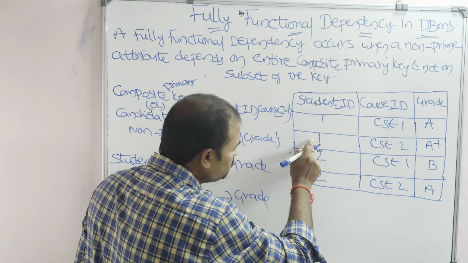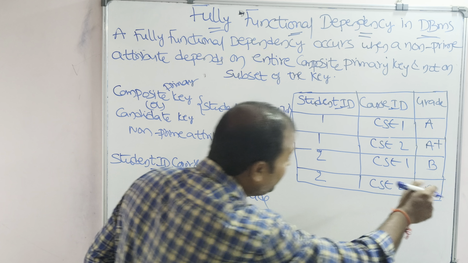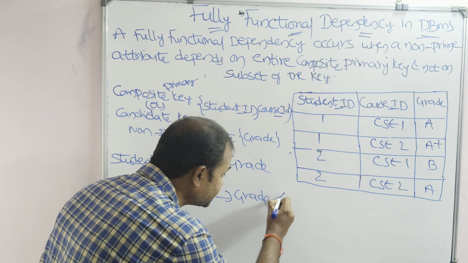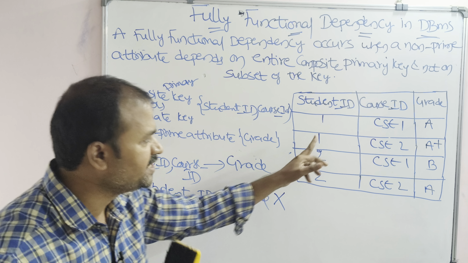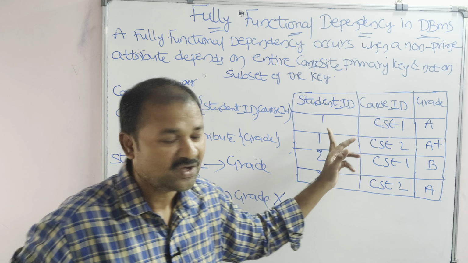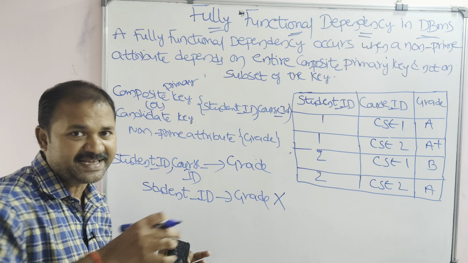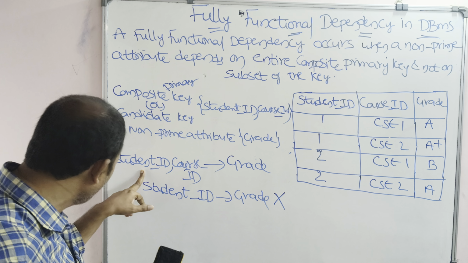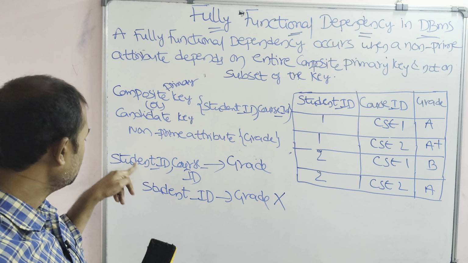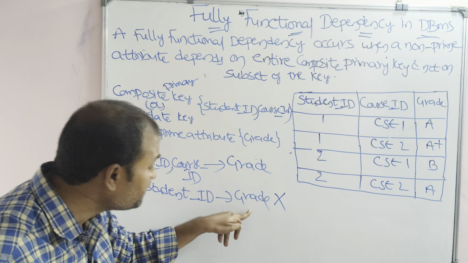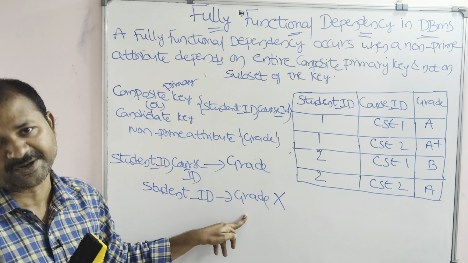So here the same student is getting different grades. So we can say that this functional dependency is wrong. Why? Because here we don't have unique values. For the same student we have different grades. So that is the point: if we remove an attribute from the candidate key, then it doesn't determine the non-prime attribute.